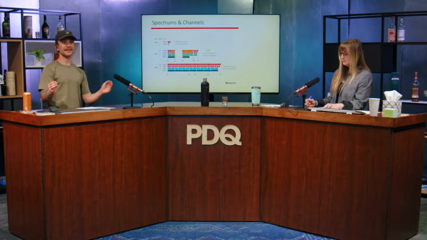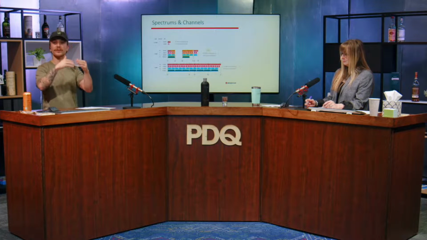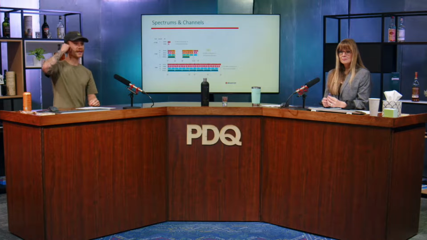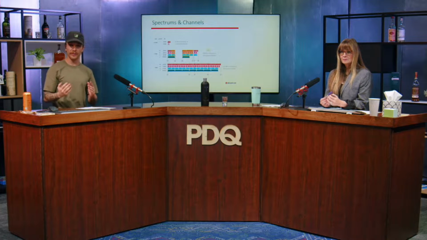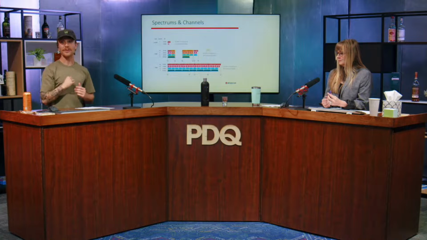I think it's called WinSSID is good for just getting your channels, like being able to identify channels and interference. But you also have to come in with an idea of what you're looking for, because they're going to spit you just a ton of data. There's going to be so much data that you have to know what you're looking for, right? For me, the big one is interference.